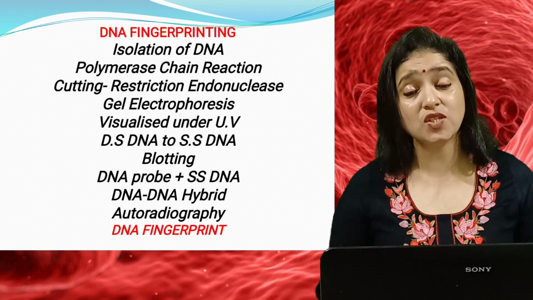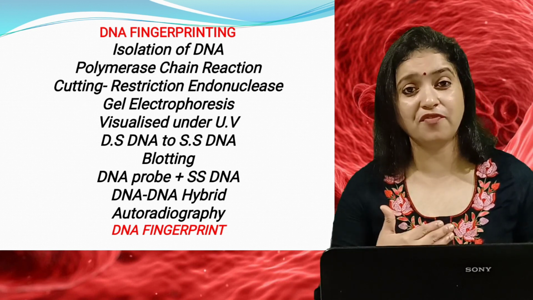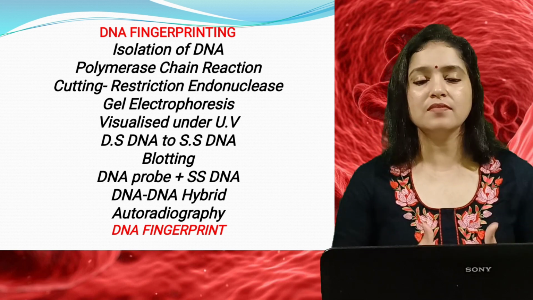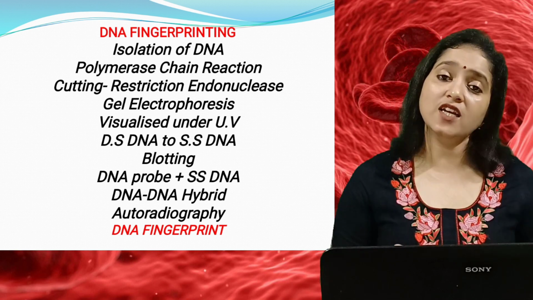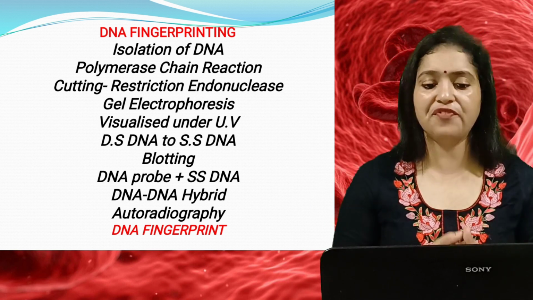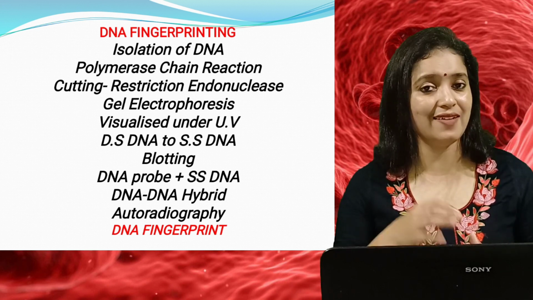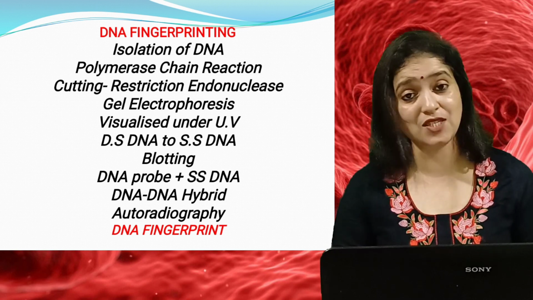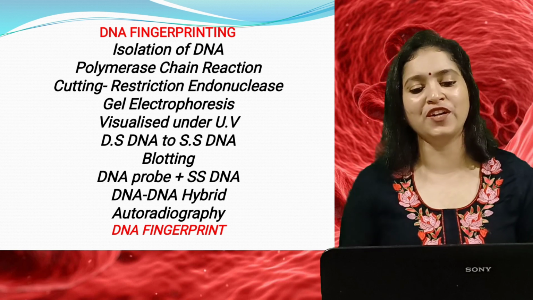Then polymerase chain reaction, PCR, in order to increase the number of DNA copies, because we need more DNA sample. Then cutting with the help of restriction endonuclease, then gel electrophoresis for separating the fragments of DNA by using certain dyes, and that dye's name is important. Under UV rays it is observed and it appears as orange colored bands. All these are very important.